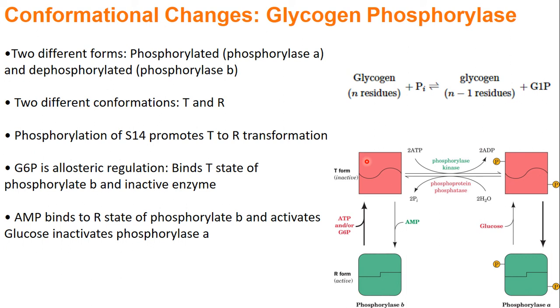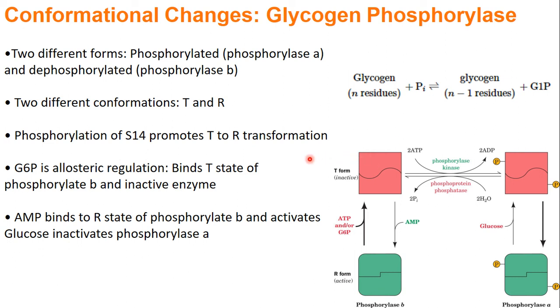And glycolysis will produce ATP, and one of the first steps of glycolysis is to make glucose 6-phosphate. So if you have a lot of energy or a lot of glucose 6-phosphate, you do not want to break down glycogen because glycogen is one of your energy storages. So this is feedback inhibition, allosteric regulation, saying do not break down glycogen anymore, go to the T state.